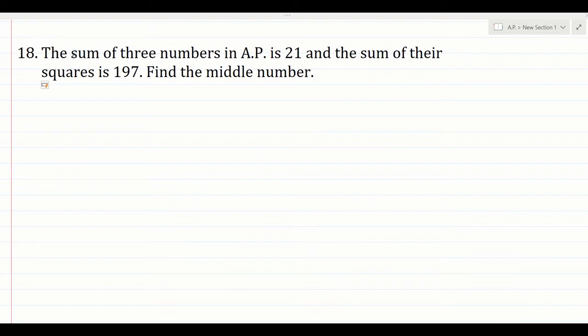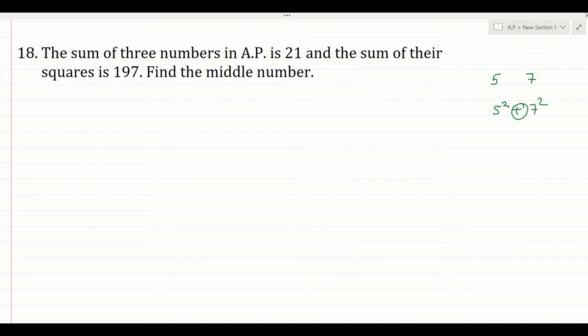Question number 18. The sum of three numbers in AP is 21 and the sum of their squares is 197. Find the middle number. Before I begin this question, let me give one concept. Suppose we have two numbers, 5 and 7. The sum of the squares of 5 and 7 means 5 square plus 7 square.